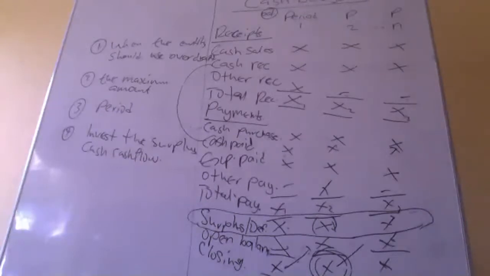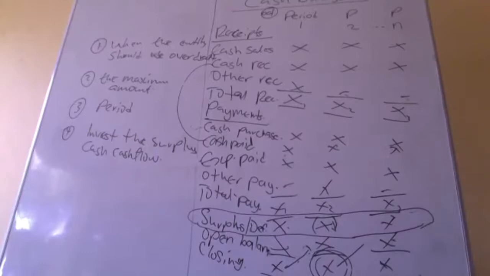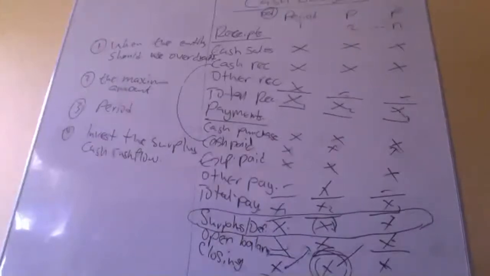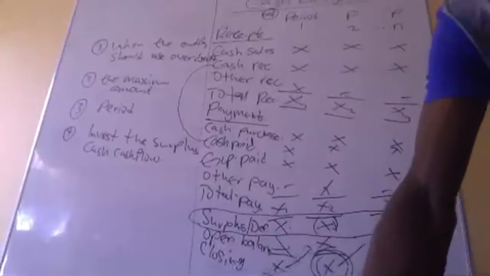No, there's no indication like that. Meanwhile, that was the impression behind the cash budget. So these are the few challenges or issues that we have with cash budget. You can think of your own. You can let me know if you have yours.